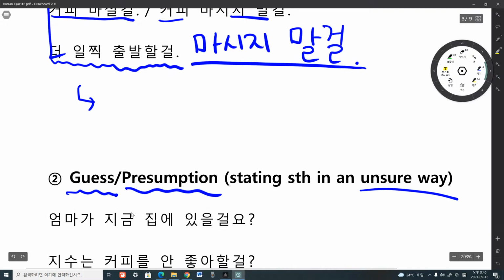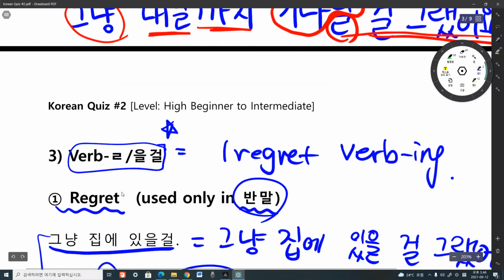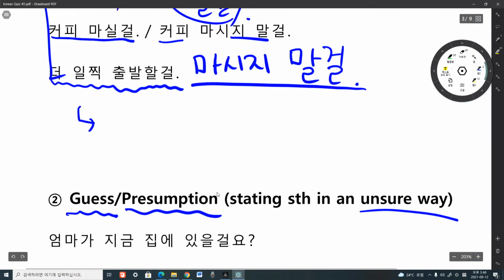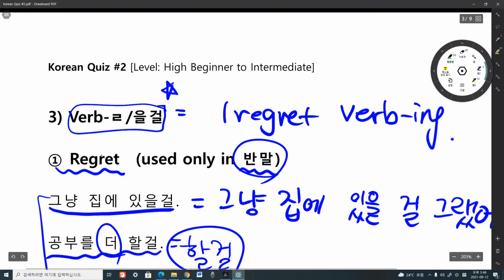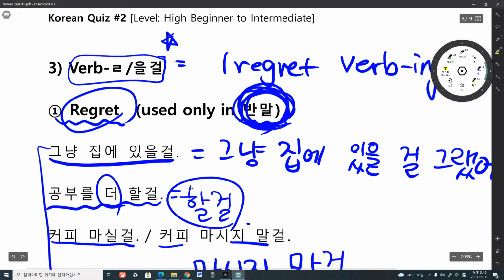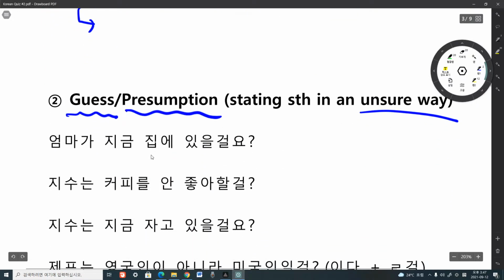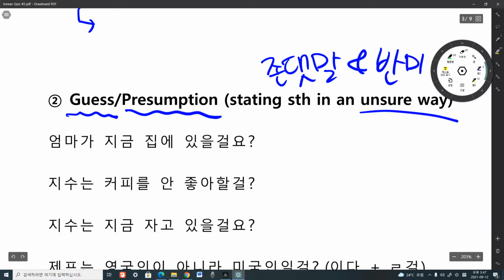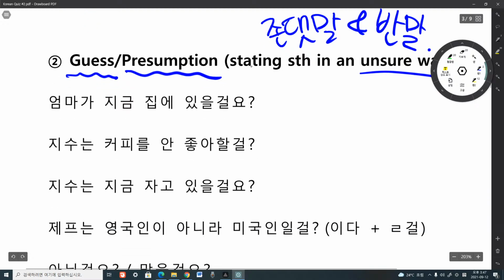And one difference between when 걸 is regret and 걸 is guess or assumption is that when it's regret, it can only be used in 반말, guys, 반말. But when it's an ending that means guessing or presumption, it can be used in both 존댓말 and 반말. So you can say 할 걸요 or 할 걸.